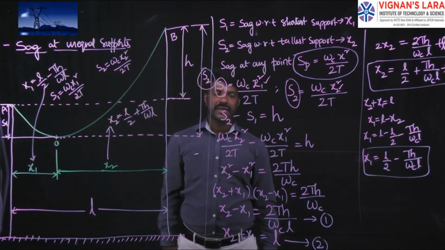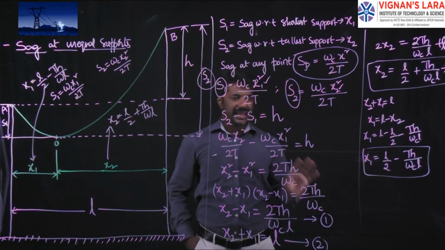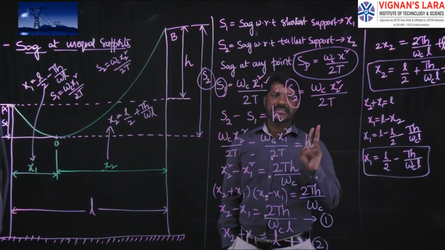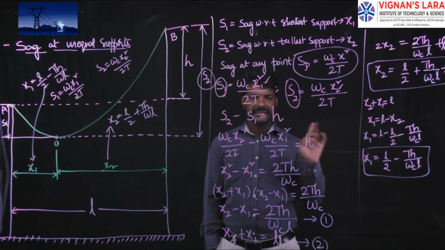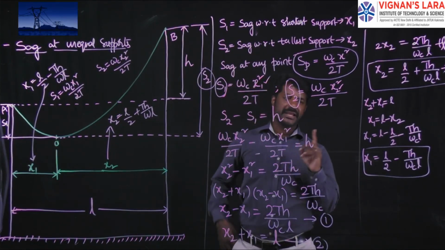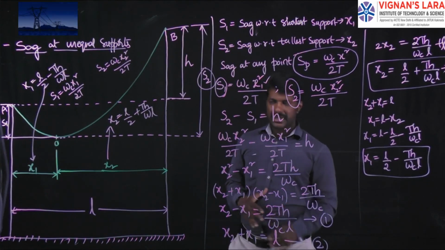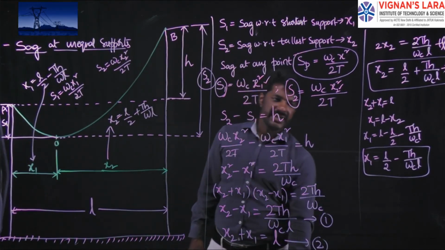So we have to calculate the same sag whenever the conductors are subjected to two real-time case studies: the first one, ice accumulating on the conductor, and the second one, the conductor subjected to wind pressure. Okay, so let us see how to calculate those weights in detail.